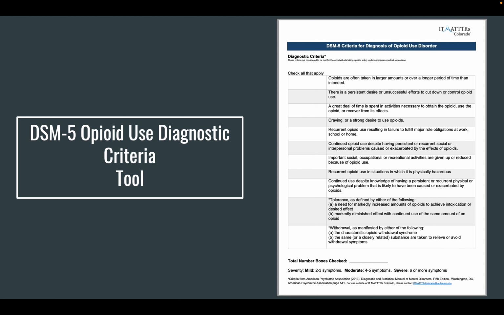At the end, you're going to total up all the symptoms that the patient confirmed, and based on their answers, mild opioid use disorder would be 2 to 3 symptoms, moderate would be 4 to 5, and severe would be 6 or more symptoms. If it's 1 or less, it is generally thought to not be considered opioid use disorder.